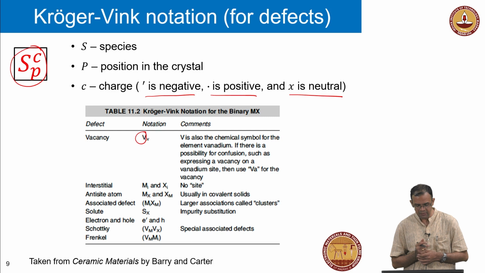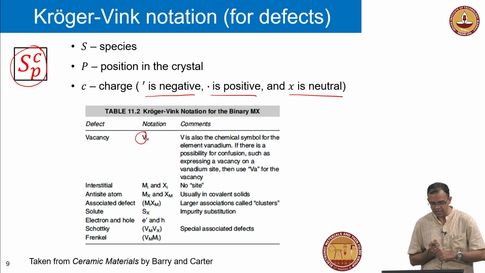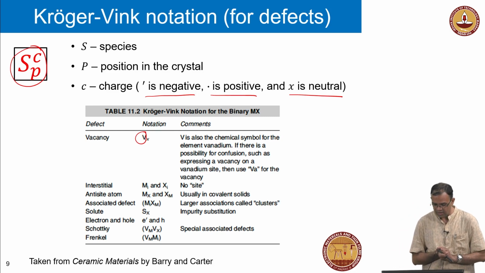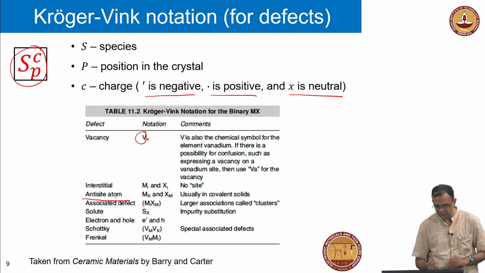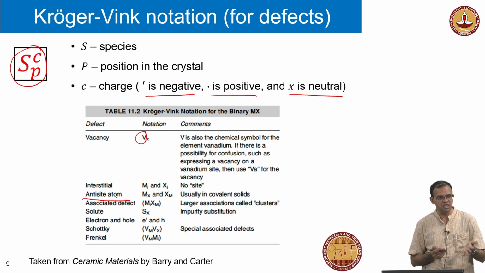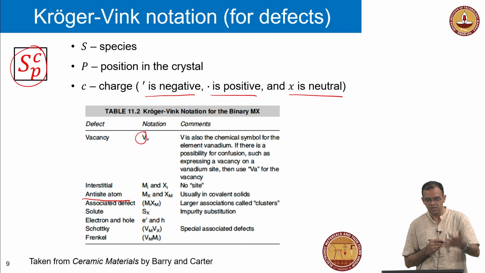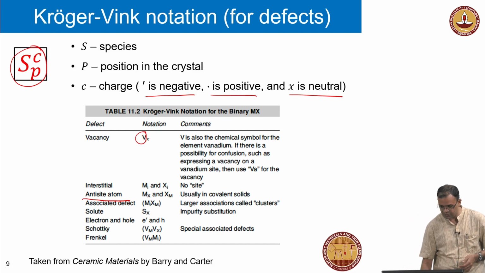And we will see some examples in the coming slides, but again these are various possible defects which are created in the crystal. I think a couple of days ago someone was asking about an anti-site defect, so that can also be generated in the Kroger-Vink notation, where anti-site just says that I have a metal that is actually present, a cation that's present in the anionic site, or vice versa.